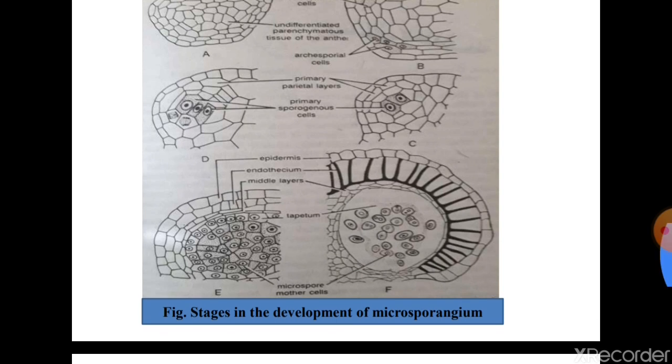The primary parietal layers again divide by periclinal division, and by 3 subsequent divisions there is formation of 4 layers.